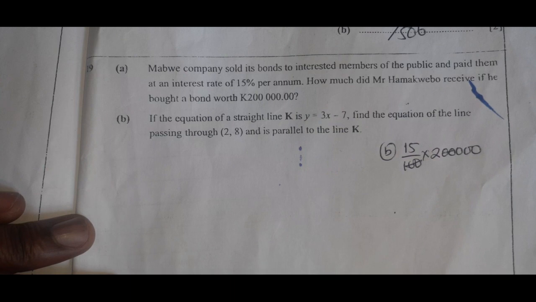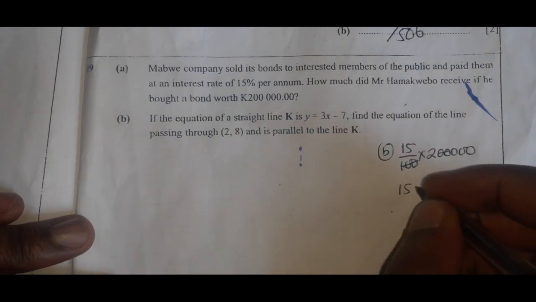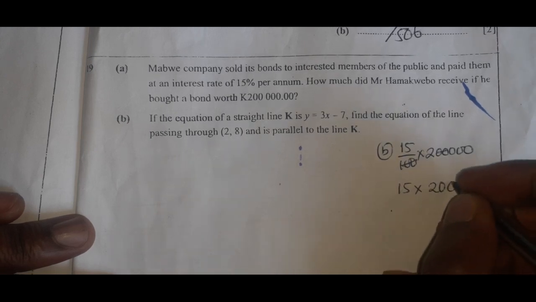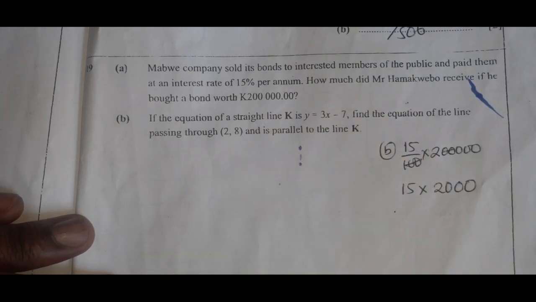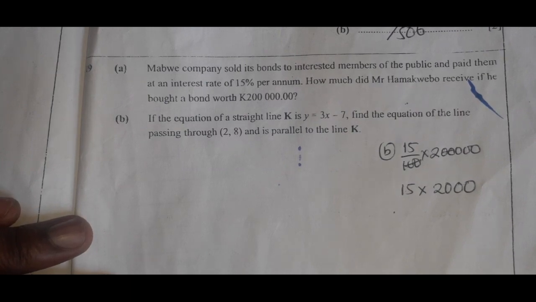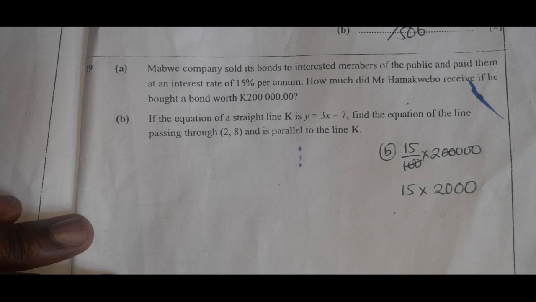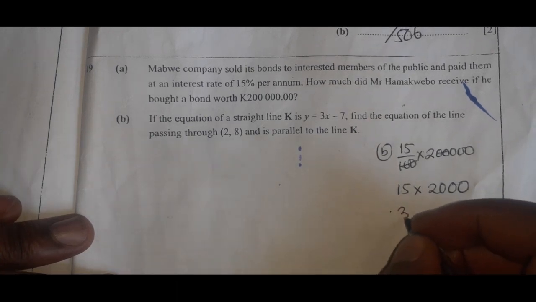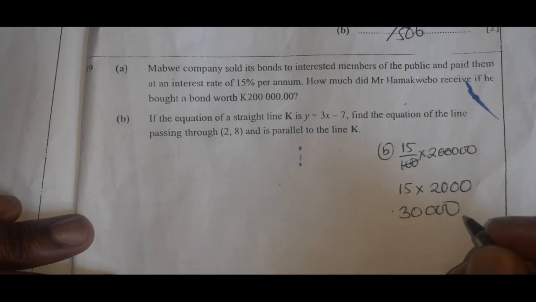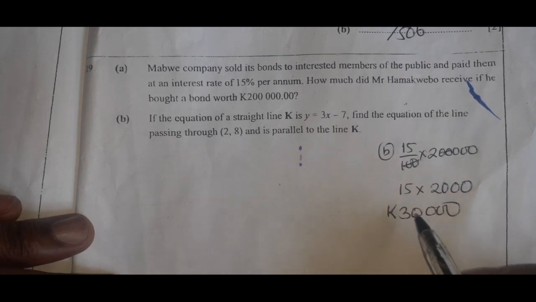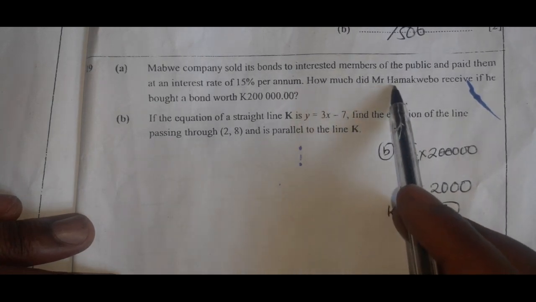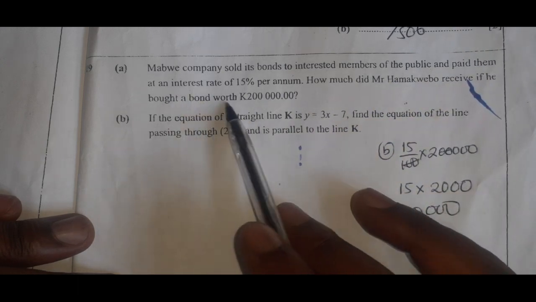This gives us 15 multiplied by 2,000. What are we getting? This is going to give us 30,000.